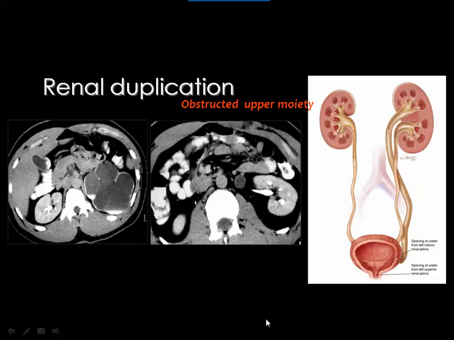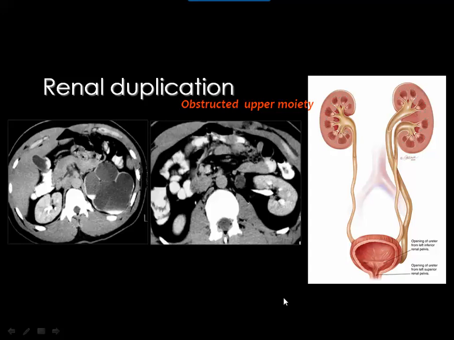Many times when the kidney is duplicated, the upper moiety is the site of disease, and frequently you get vesico-ureteric reflux or you get a hydronephrotic kidney, because the upper moiety ureter usually enters the urinary bladder at an abnormal site. It may go into the bladder neck and maybe into the urethra, for example.